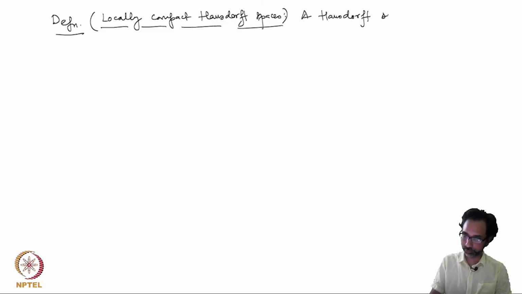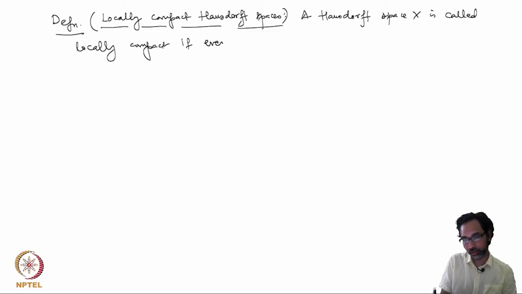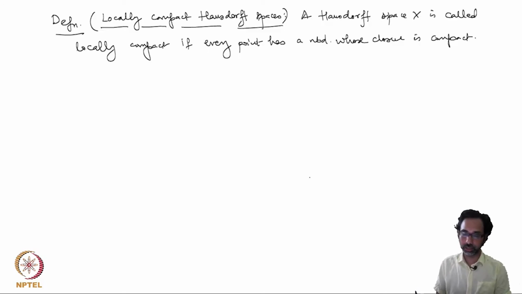A Hausdorff space X is called locally compact if every point has a neighborhood whose closure is compact. So this is what a locally compact Hausdorff space is.